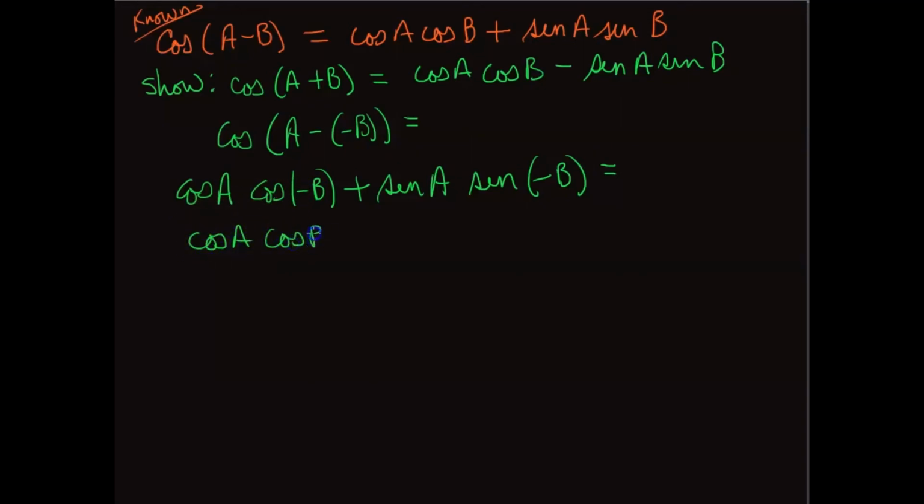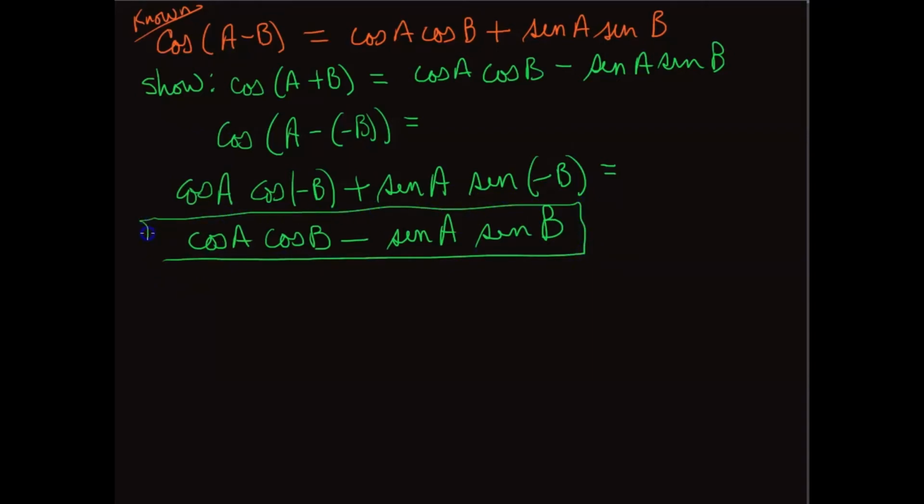So cosine A, cosine B. But hold it, the sine of a negative b is a negative sine b. But I'm not going to put the negative there. I'm going to put the negative out front. Sine a, sine b. And so now we have that second form for the cosine.